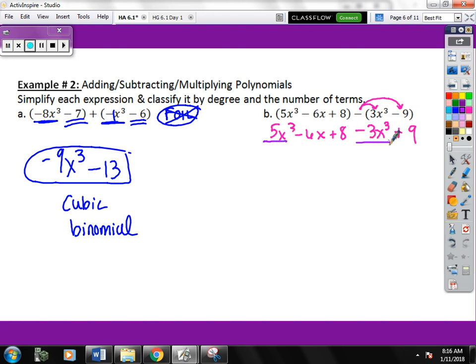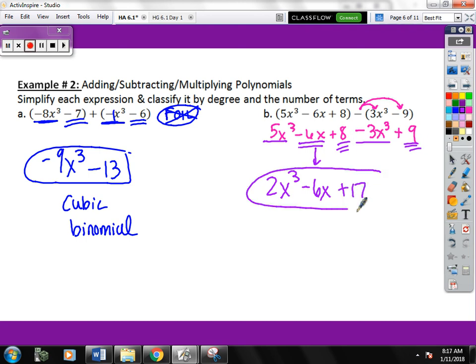And again, I like to combine my like terms in descending exponent order so that it's already in standard form. So we should have 2x cubed. Now there's nothing I can combine with this, but I would bring it down so that it's in descending exponent order. And then we should have 17. Who can classify that for me? Ashley? Cubic trinomial.